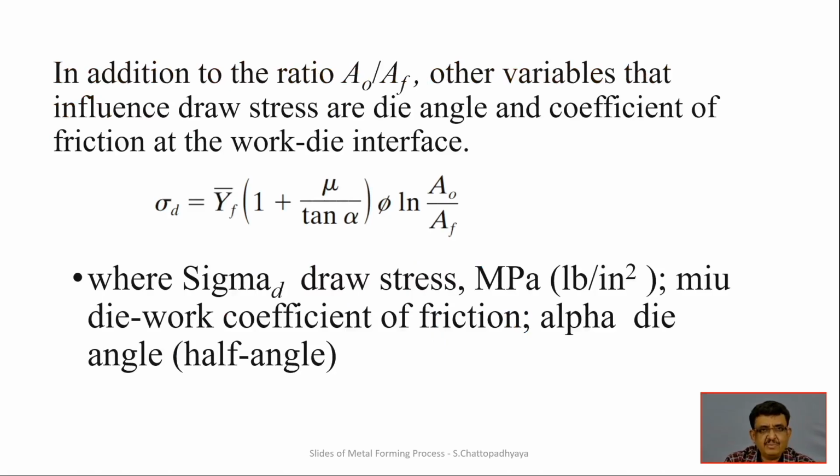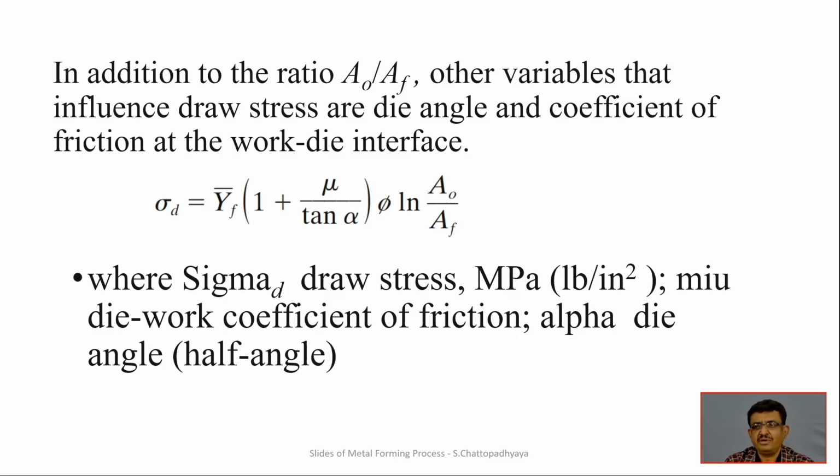And whenever we can put all those things there, in addition, another ratio is related, that is A0 by AF, original area divided by the final area. And other variables that influence the draw stress are die angle, and the coefficient of friction at the work die interfaces.